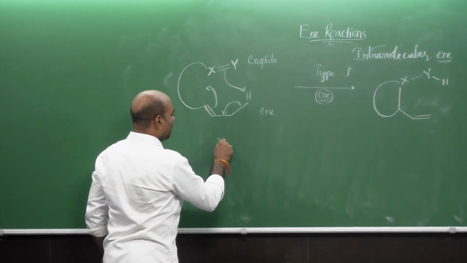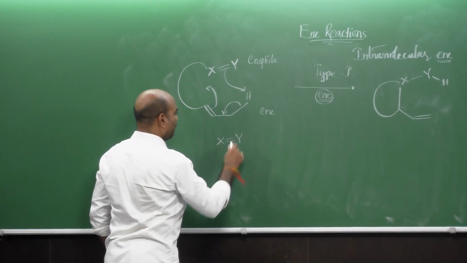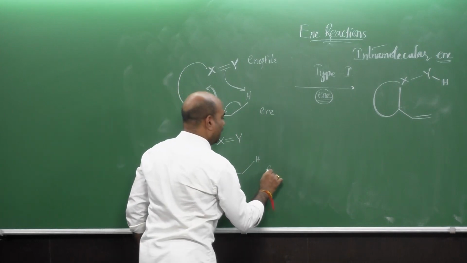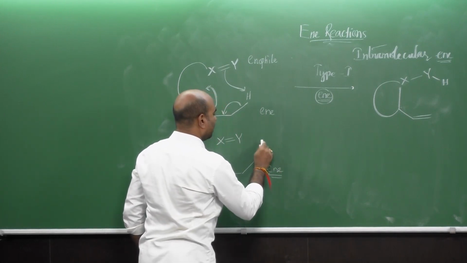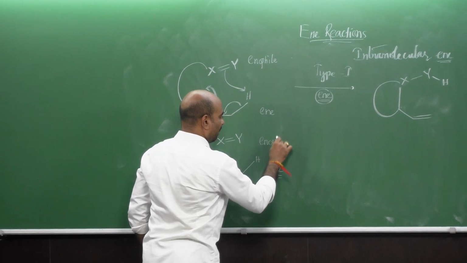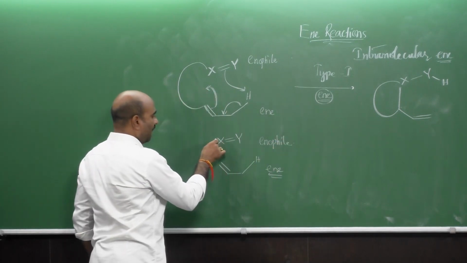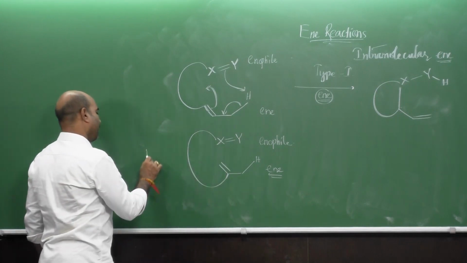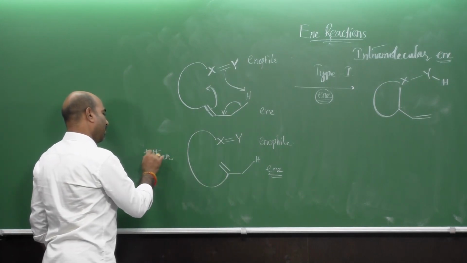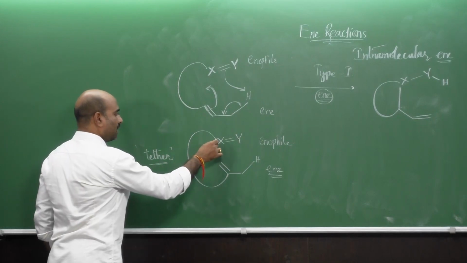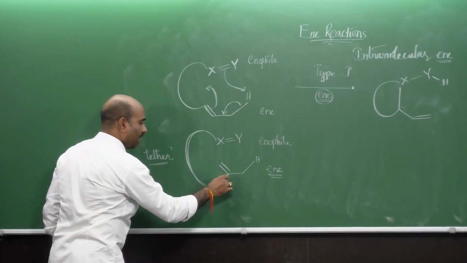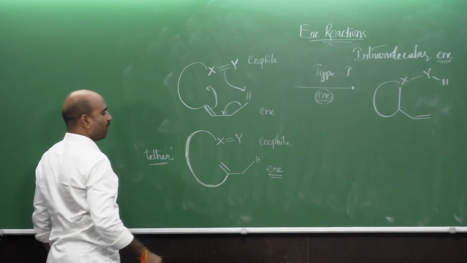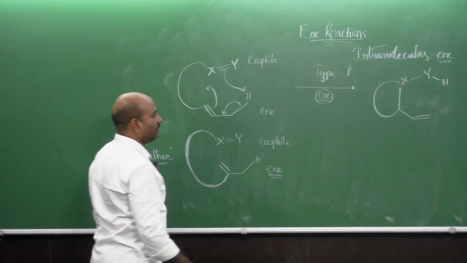The second type is, this is X double bond Y, and this is the ene component as well as the enophile component, right. If they are connected to each other via this tether, this portion which is connecting the ene and enophile is called the tether part. So this is the connectivity.